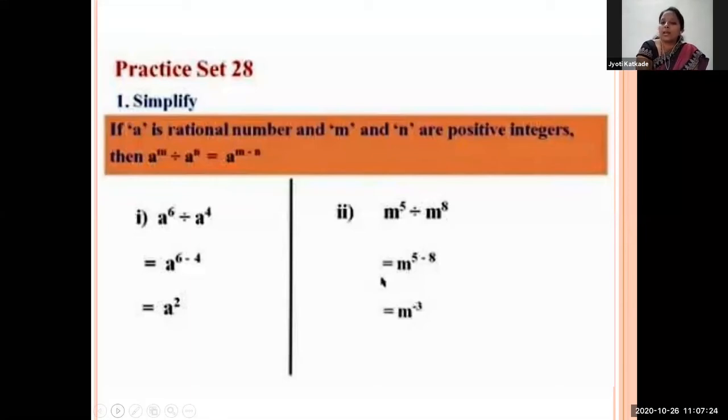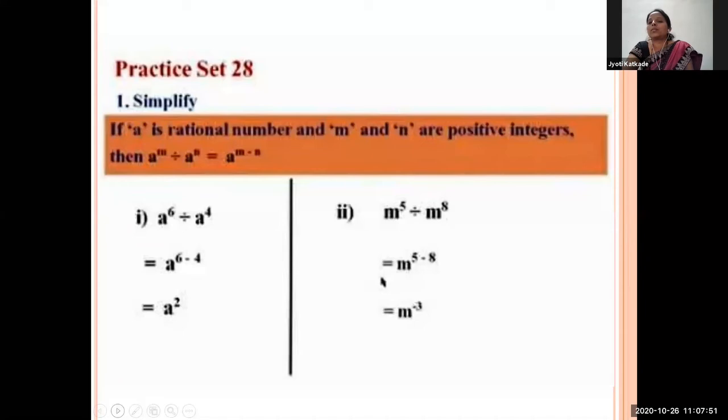If the base is the same and division is there, then take the subtraction of powers. A raised to 6 divided by a raised to 4 is equal to a raised to 6 minus 4. 6 minus 4, we get power 2, a raised to 2. Okay.